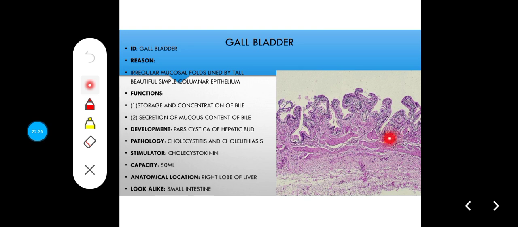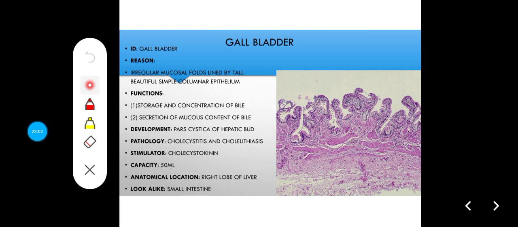You see the muscle suspended in fibromuscular stroma, so they call it the fibromuscular coat, which covers the gallbladder. It contains both muscles and connective tissue. This is specific for the appearance of the gallbladder.